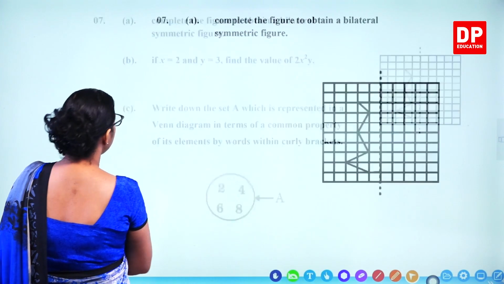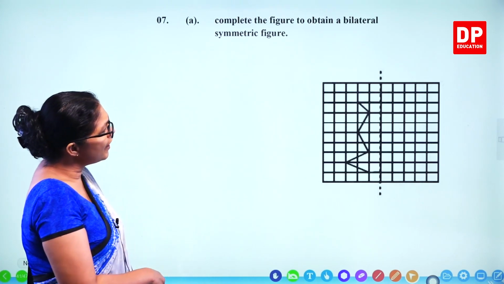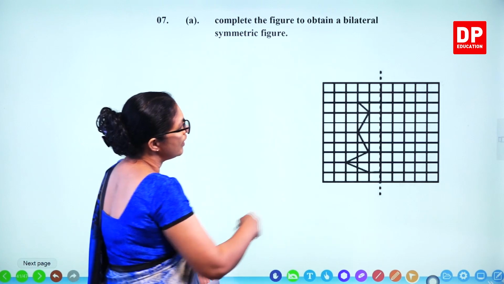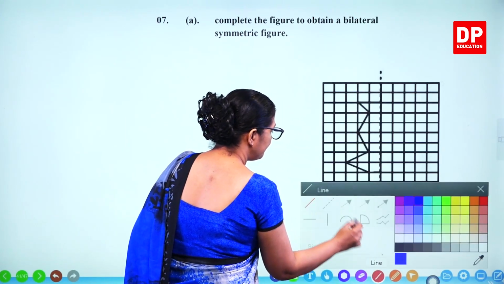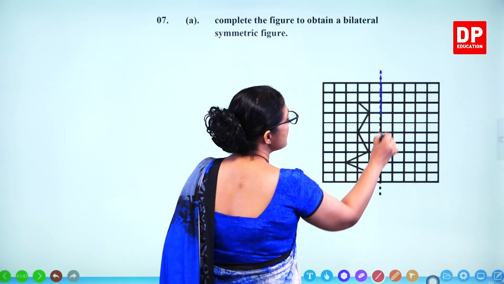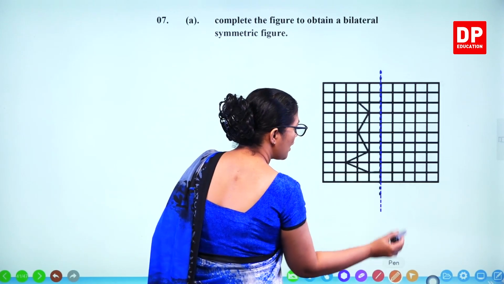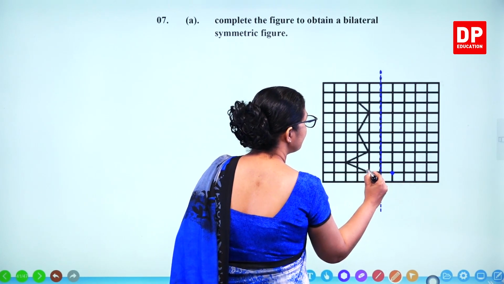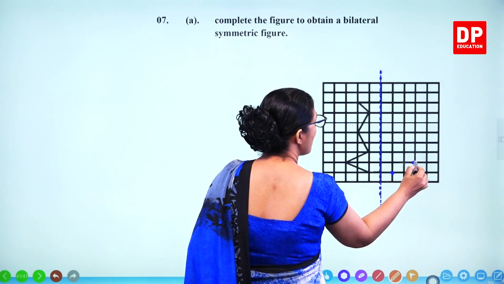You'll do it. Complete the figure to obtain a bilateral symmetric figure. So here, this is the axis of symmetry. Can you see that? So you have to complete this. So what are the points? Same number of squares. Here 3 squares, 3 squares.